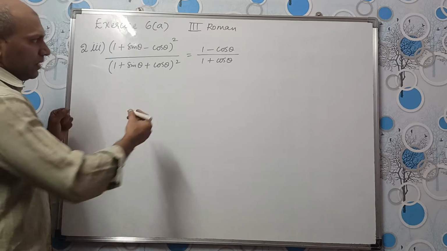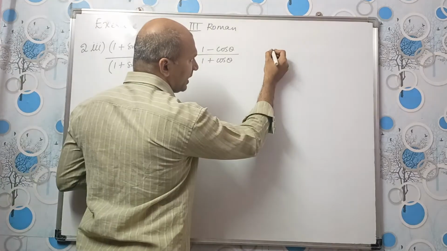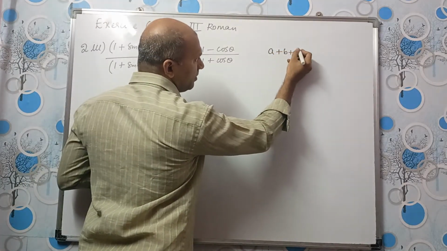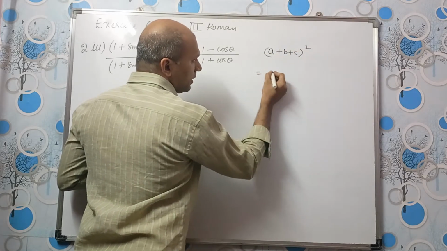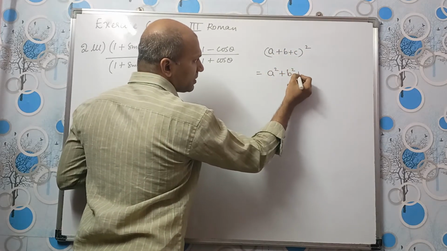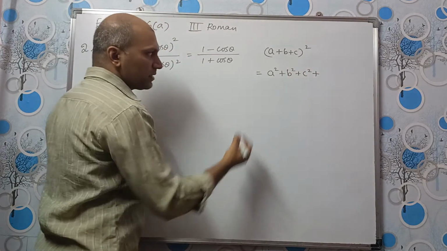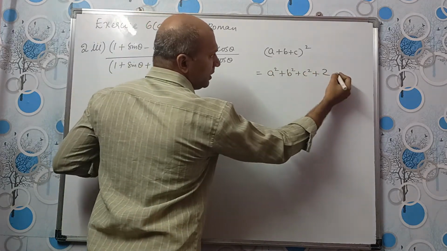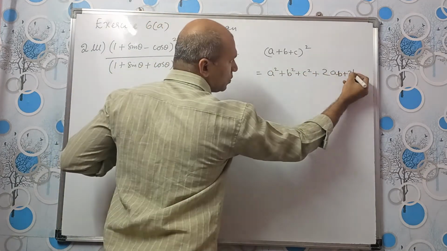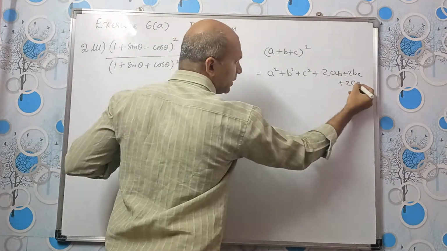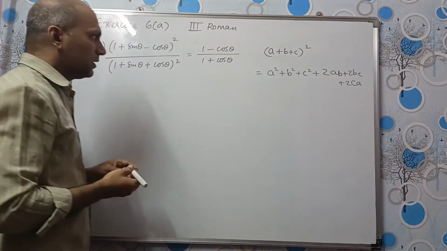Okay. Now, we have an identity: (a plus b plus c) whole square is equal to a square plus b square plus c square plus 2ab plus 2bc plus 2ca.